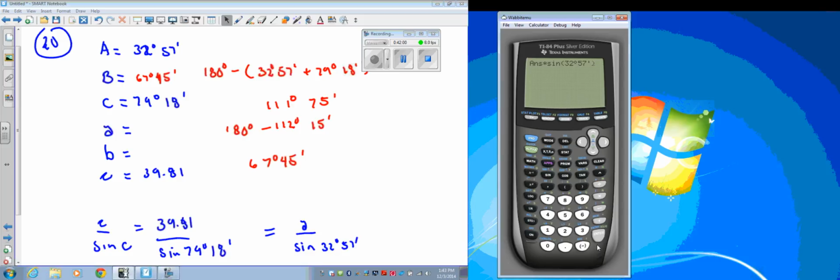I think I got it, don't I? You got 2204. On here, 2204. And then the last one I have to do.